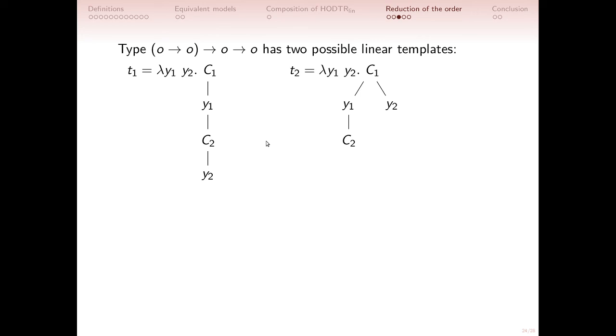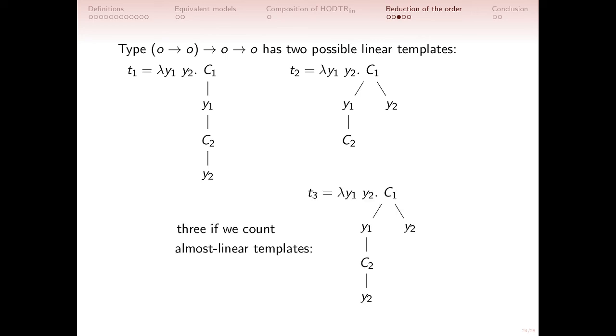And if you use almost linear templates, you have one more template that is possible, which is copying the variable y2, which is of atomic type. And since we have to use every variable, these are the only templates you can have for terms of that type.